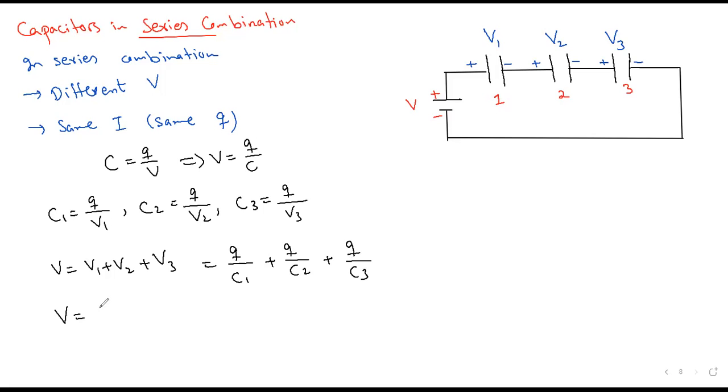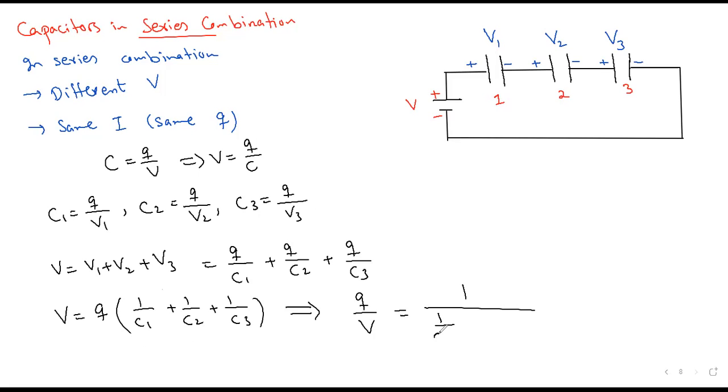So V equals Q times (1 over C1 plus 1 over C2 plus 1 over C3). Let's bring this V over here as a denominator of Q, and take the parenthesis on the left-hand side.